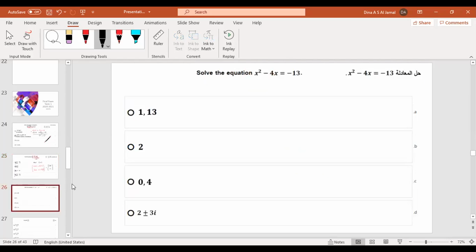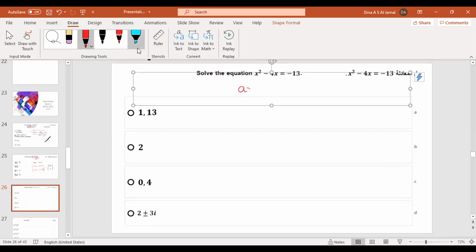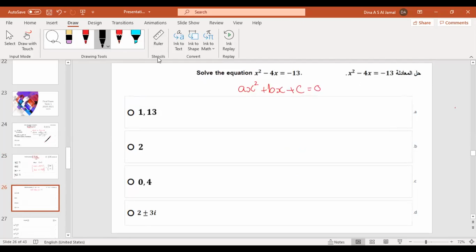Solving equations. X squared minus 4x equal minus 13. The best thing is that you need to change it to the form of ax squared plus bx plus c is equal to 0. So let's change it.